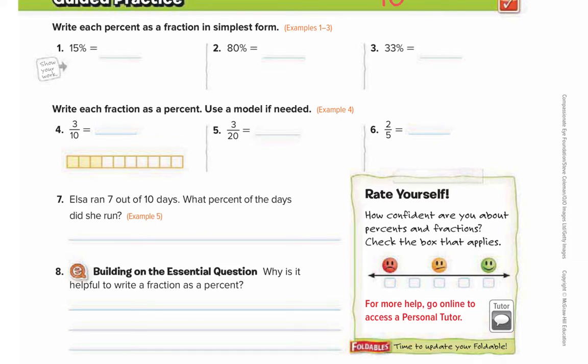Okay, so we're on workbook page 104, and we are going to write each percent as a fraction in simplest form. So the important thing to remember is that every percent is a fraction out of 100.